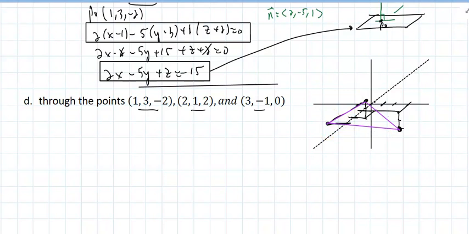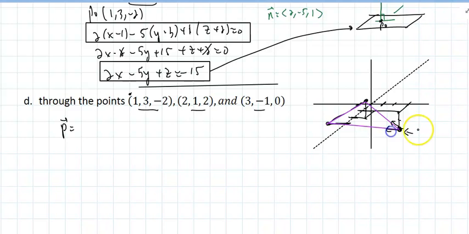Well, we have a problem. They gave me 3 points. I need a vector perpendicular to those. How do I do that? Well, hey, guess what? It doesn't matter which points you pick. I'm going to call it vector P. I'm going to use this as the main point, the point with the 2 vectors.